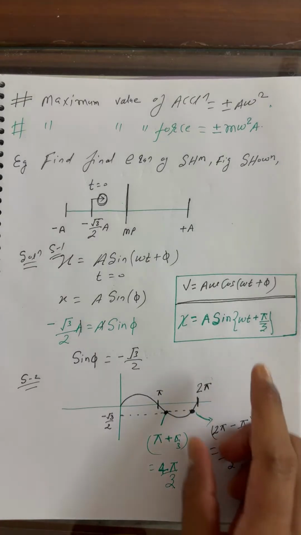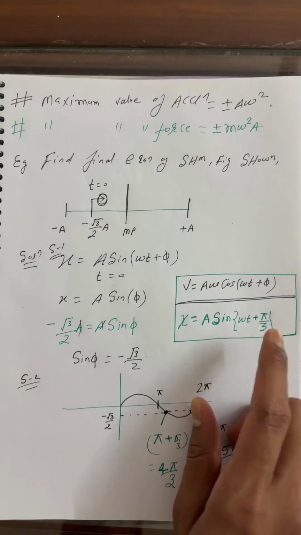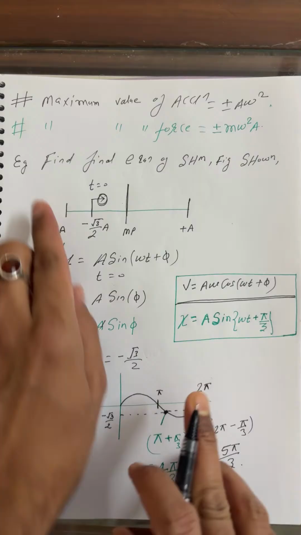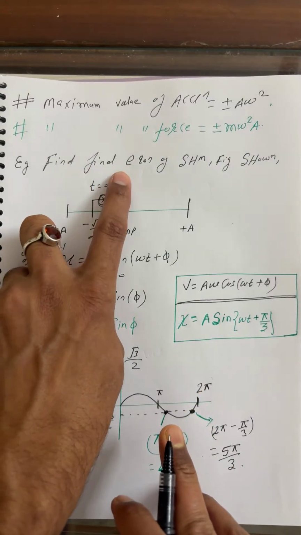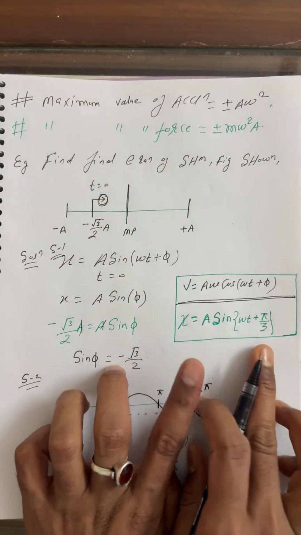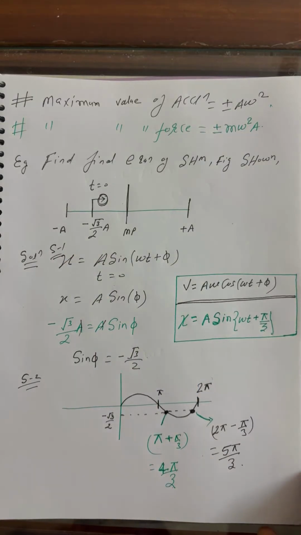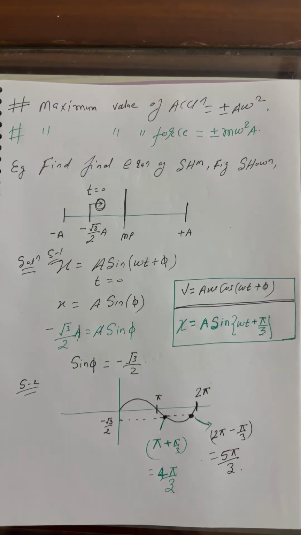So this is your answer. This is the answer we have to find, basically: the final equation of SHM. So this is the final equation of SHM according to the given data. Literally, it's a very good question.